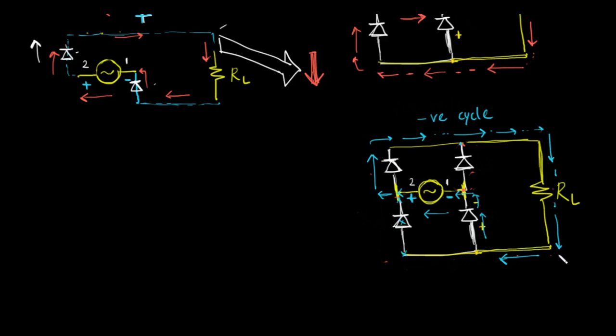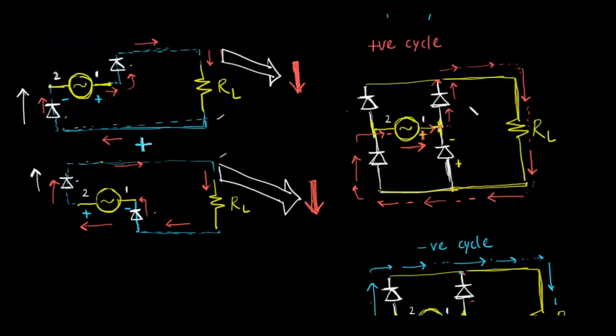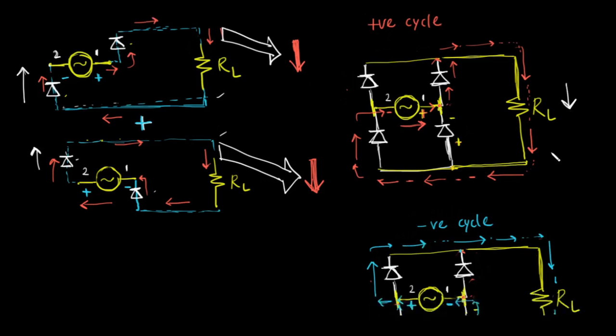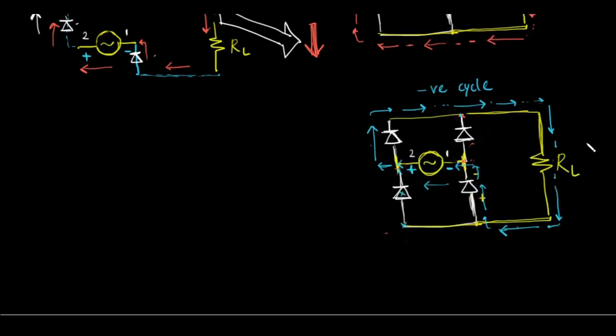If I compare with the previous one, you can see that the current through RL was in the downward direction, and in the negative cycle the current through RL is also in the downward direction.